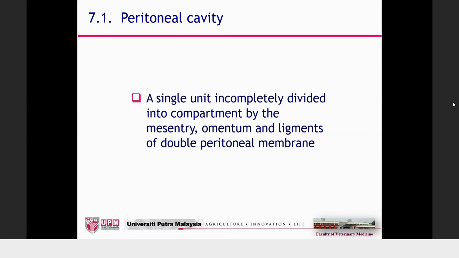Sometimes we might miss these peritoneal membranes, because it is just a single unit, incompletely divided into compartments by mesentery, omentum, ligament, or double peritoneal membrane. With a careful approach when exposing the abdominal cavity during necropsy, you might appreciate these double peritoneal membranes.